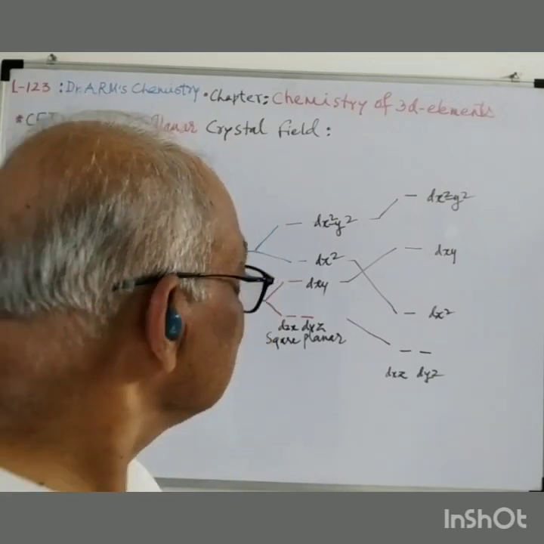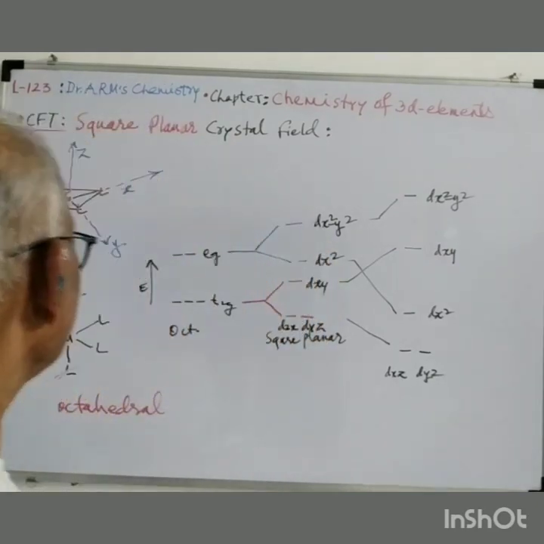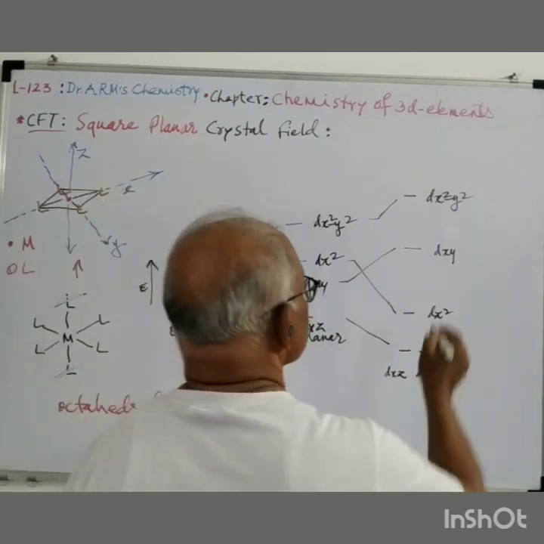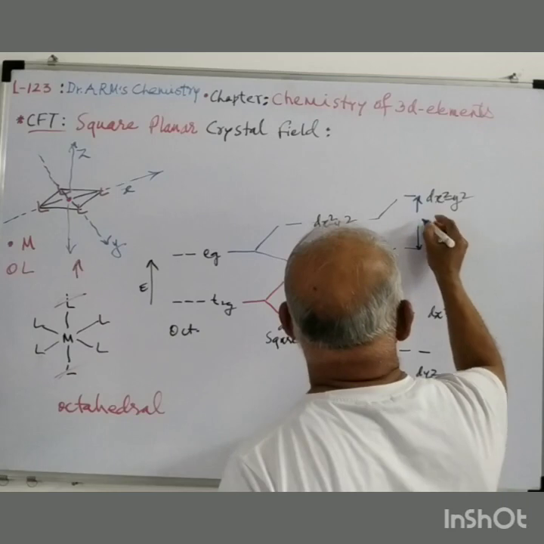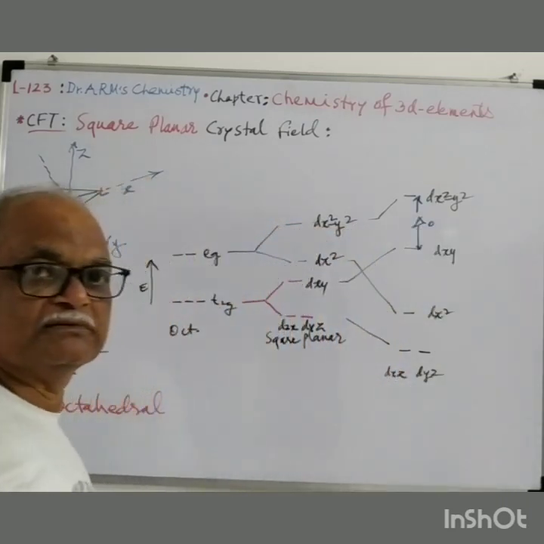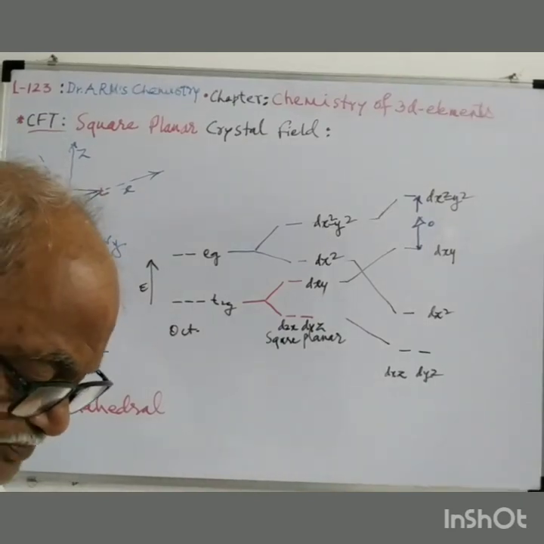Now if we see the energy difference between these, here the energy difference between these orbitals is delta, this is delta octahedral.